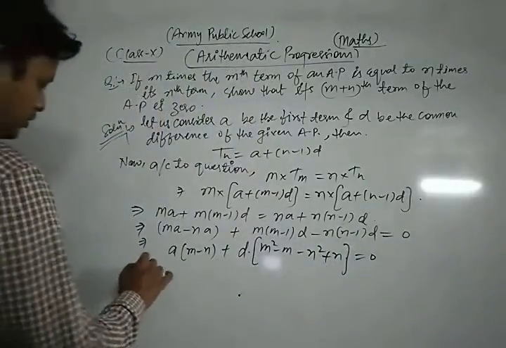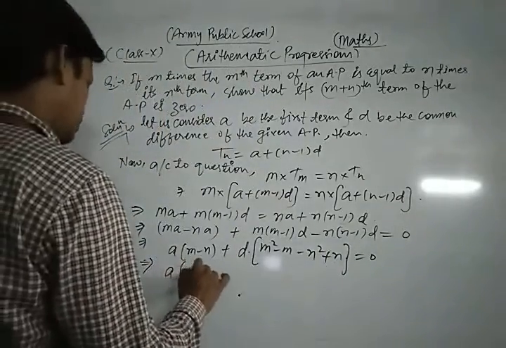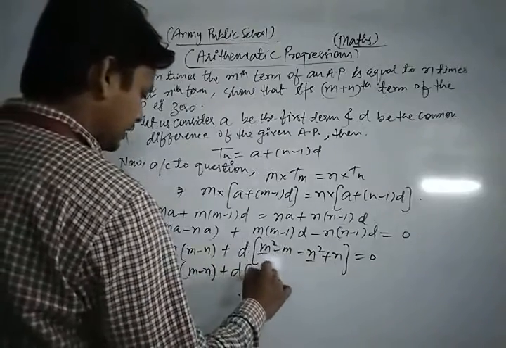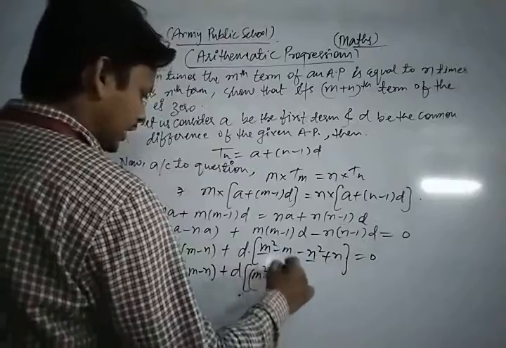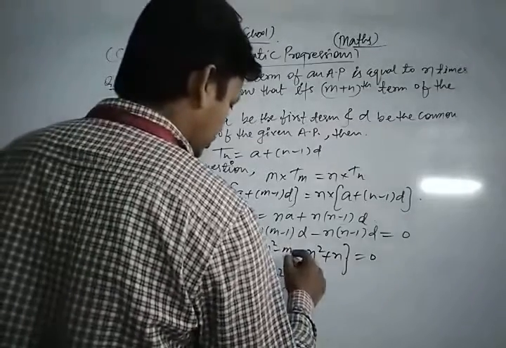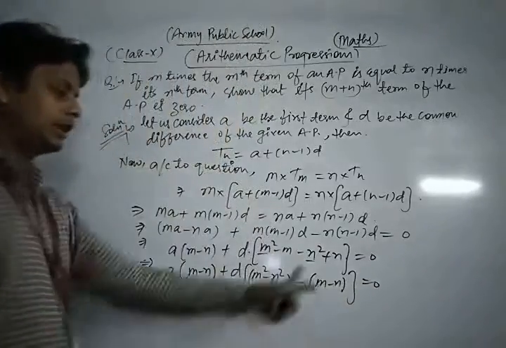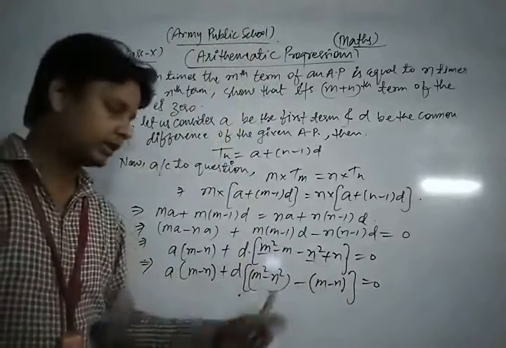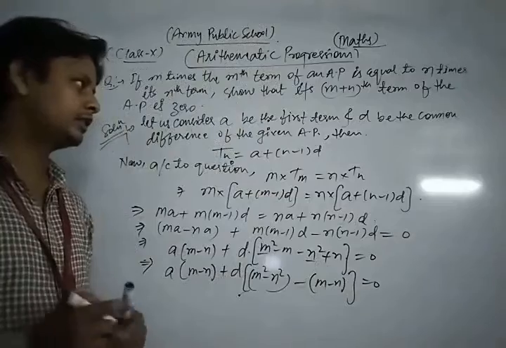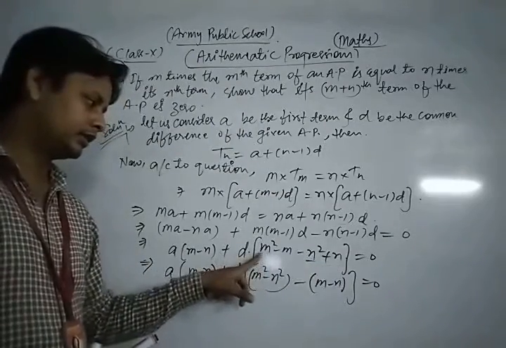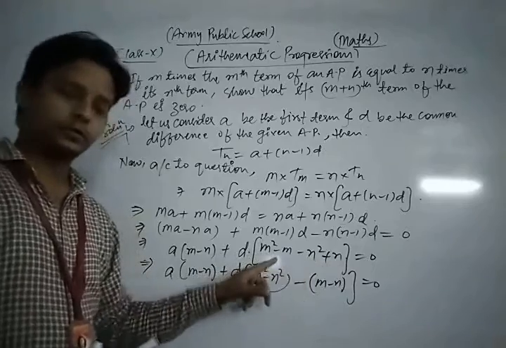Now a into m minus n plus d into m square minus n square take together, and from these two we take minus as common, so we get m minus n. So we arrange the given expression in this way.